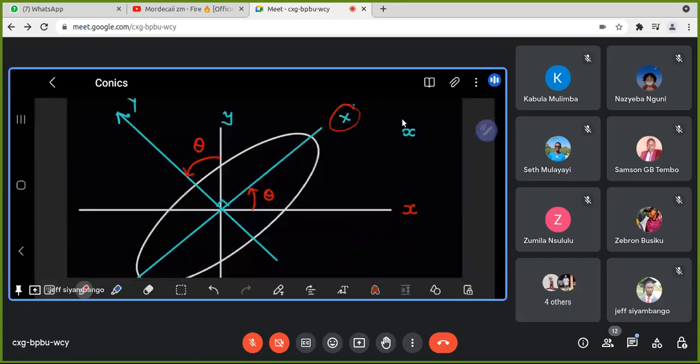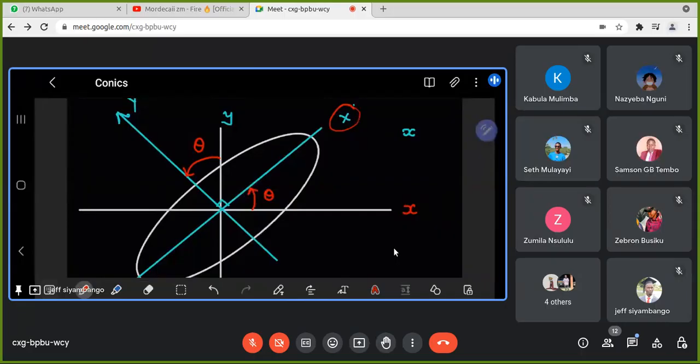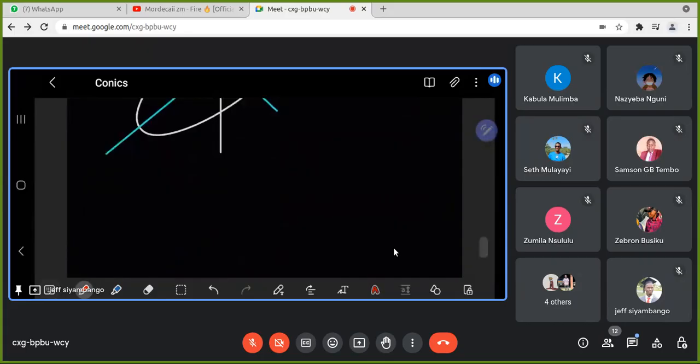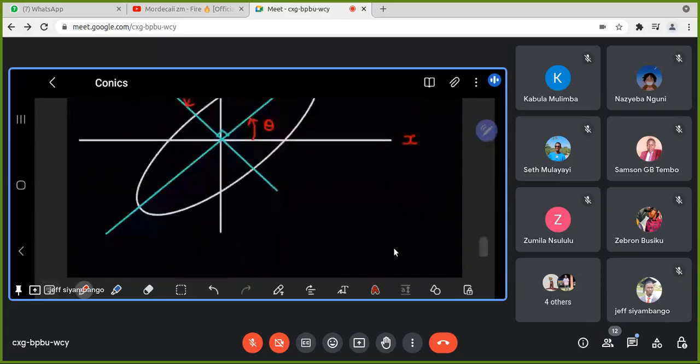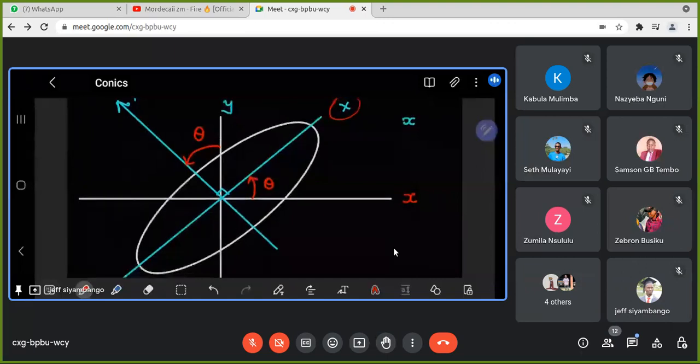Now, how do we relate the coordinates, or the variable x, from the old one to the new one? How can we relate them? We won't do the derivations here, but instead we'll just show you how they relate. Let's pick a point here.